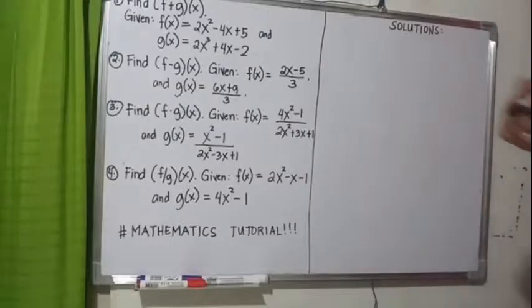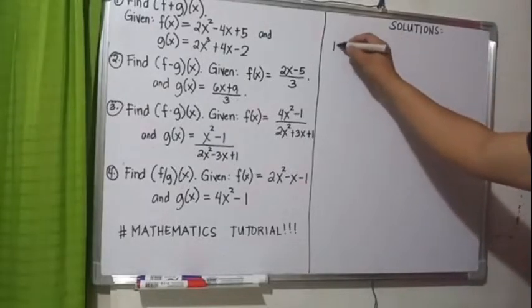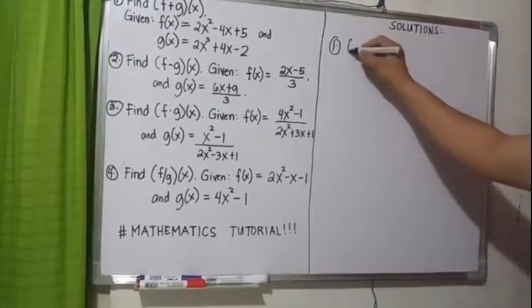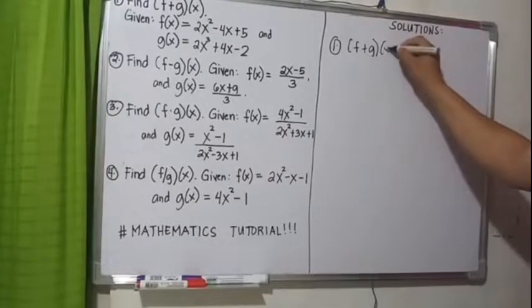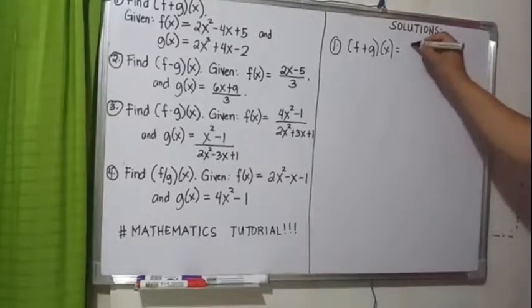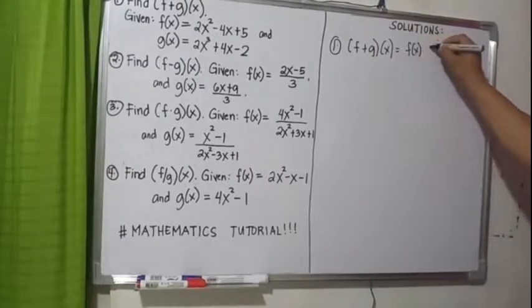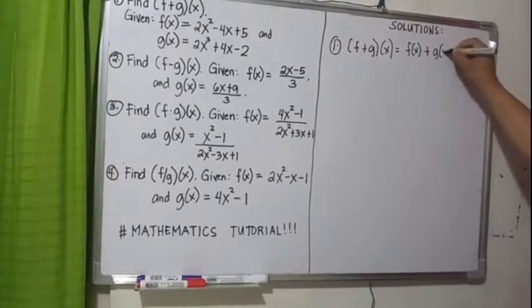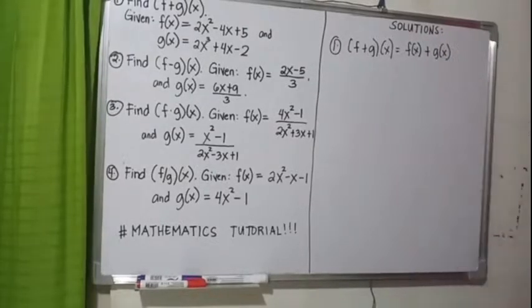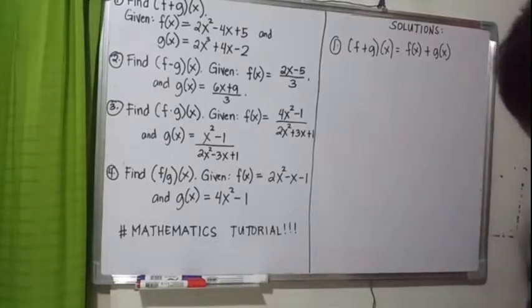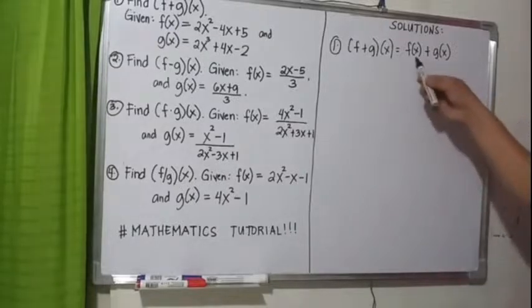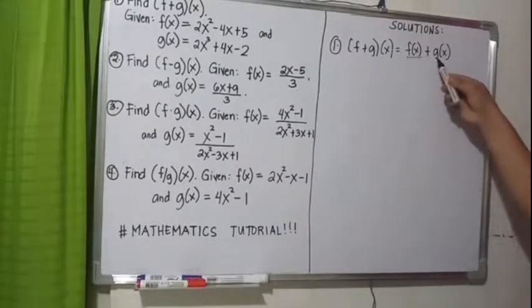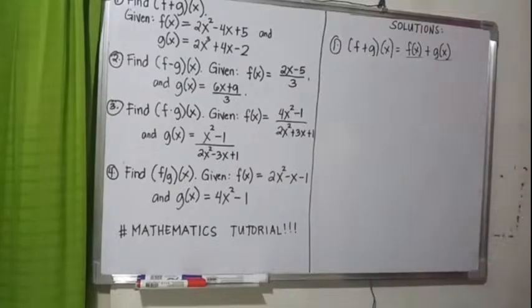So yung formula natin number 1, that is the sum, so that is the quantity of f plus g times x equals f of x plus g of x. Again, same kagabi. Anong ginawa natin kagabi? Okay, you need to substitute lang kung ano yung given ng f of x and g of x.